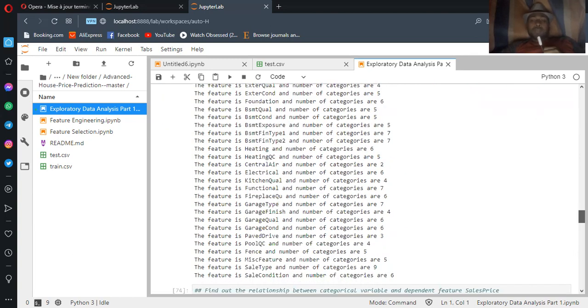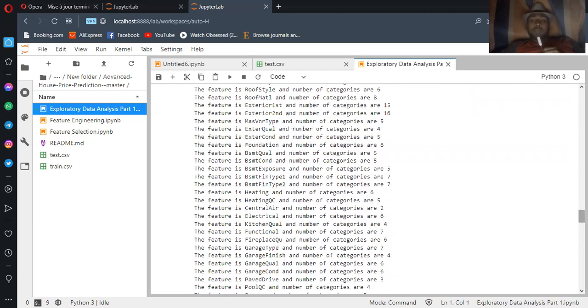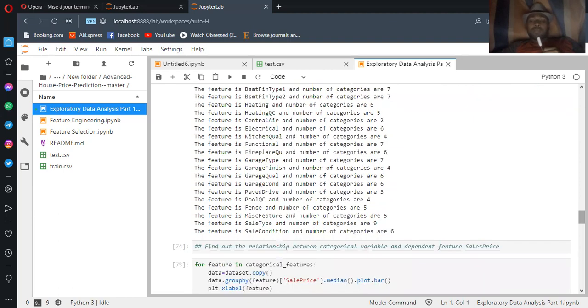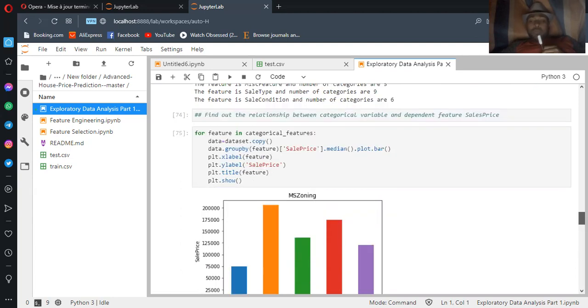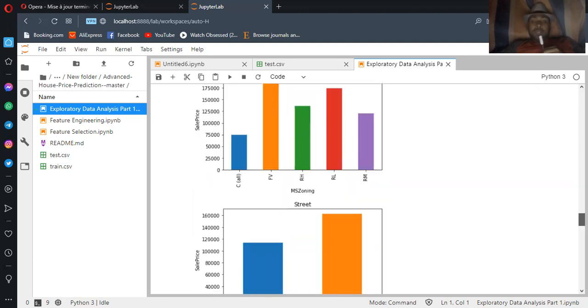So if we look at each variable, we have a number of unique values. If we go to this bar plot, because we are using the bar plot to see the count of the most frequent values, we have the same syntax here, basically.